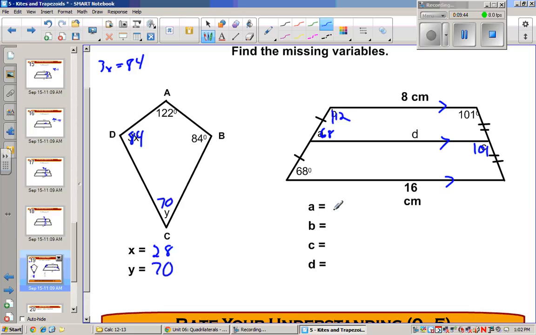So let's fill out, we have 68, 112, and 101. Now to find D, we just add them up and divide by 2 to find the average. So that's 24 divided by 2, which is 12.